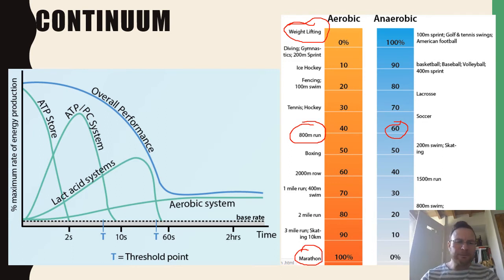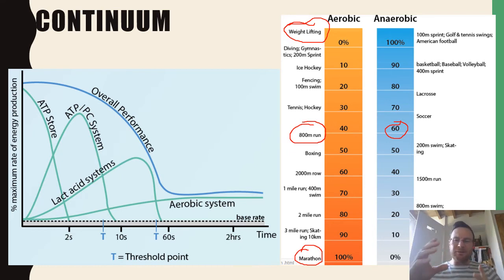So when we think about this, it's an odd thing, and I'm going to talk through my feelings about this, explaining it as a continuum. It doesn't work as if we first use our ATP-PC system, then our lactic acid system, then our aerobic system.